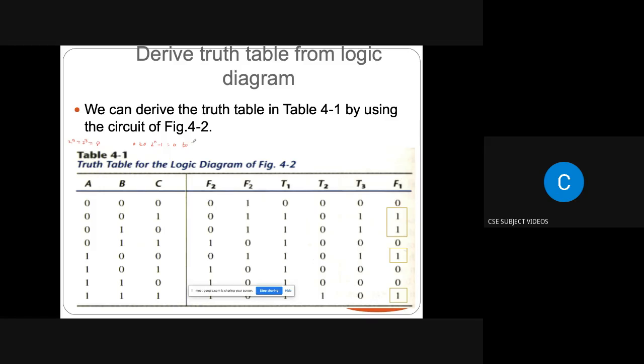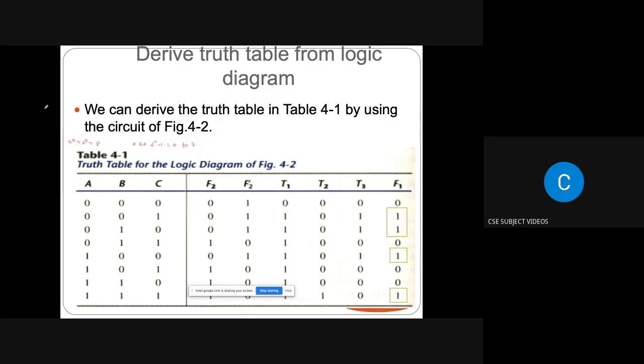So 0 to 7 is a decimal value, and we have to convert this decimal into binary, and we will get the values 0, 0, 0, 0, 0, 1, 0, 1, 0, 0, 1, 1, and so on up to 1, 1, 1. So we have to consider the binary value of this 0 to 7 in 3-bit representation.